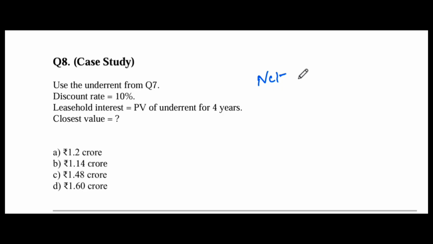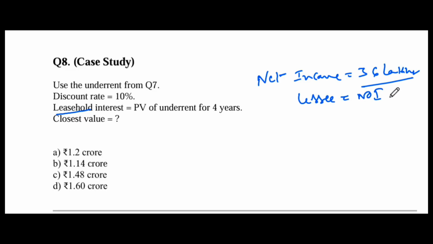Okay. Net income will be 36 lakhs for B, the leaseholder. So the lessee gets 36 lakhs NOI. This is the NOI per year.